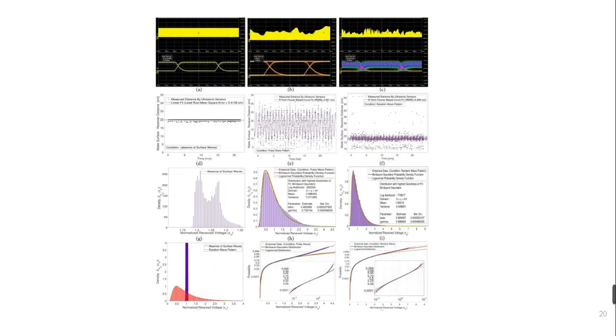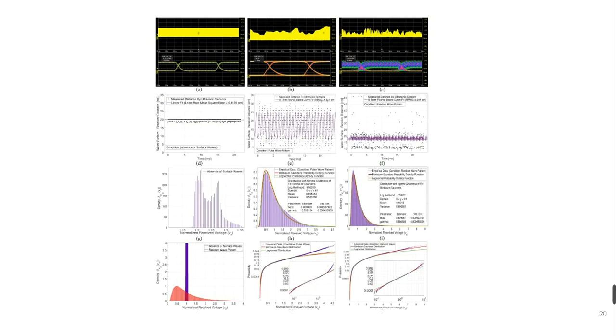Figure 2, experimental results for the W2A OWC channels. A to C, from left to right, eye diagrams for the 100 kilobyte per second transmission data rate when the W2A interface has no wave, pulse waves, and random waves respectively.